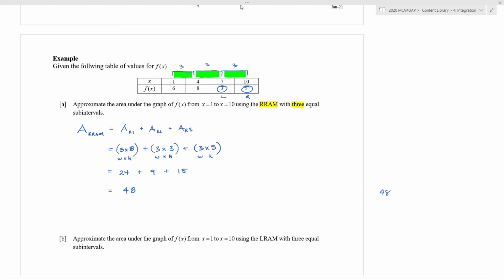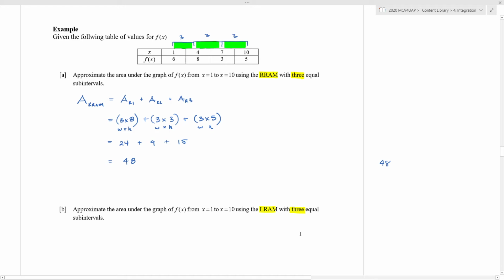Now it's the same logic for part B. Again, we're using 3 equal subintervals, but we're using LRAM this time. So if I write this out, LRAM, I've still got 3 rectangles, so it's the area of rectangle 1 plus the area of rectangle 2 plus the area of rectangle 3. So that's going to be 3 times.